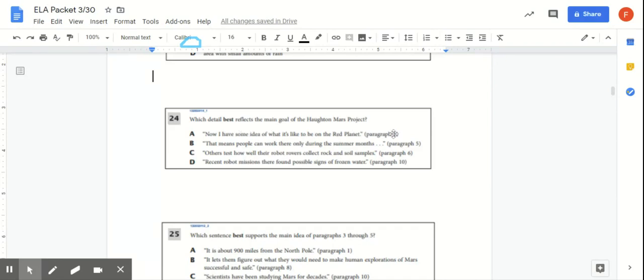So you should scroll up and read each line from each paragraph and see which best fits, to see which best reflects the main goal of the Hot and Mars project. Think to yourself, what is the main goal of the Hot and Mars project?